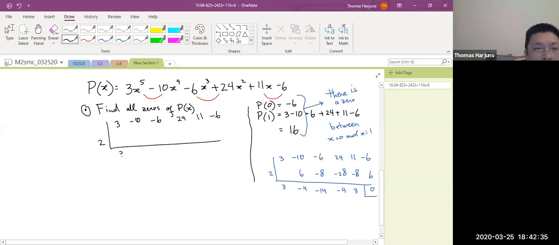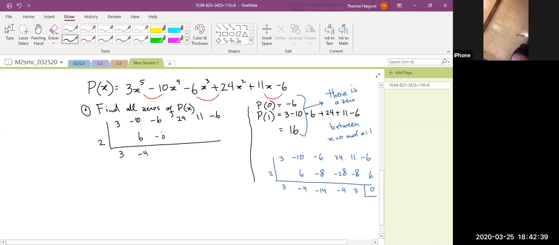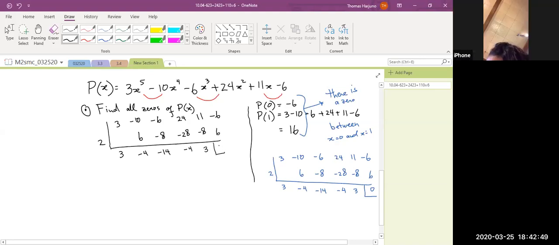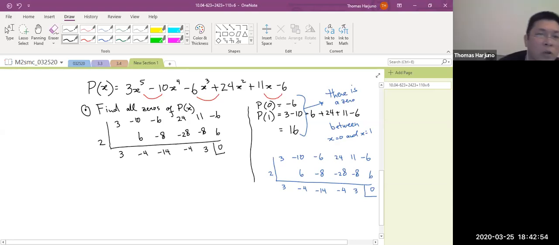Those 2, 3, 6, -4, 8, -14, 3, 6, 0. So I already get to a 0. And therefore, instead of dealing with degree of 5, now I deal with degree of 4. Is it okay?